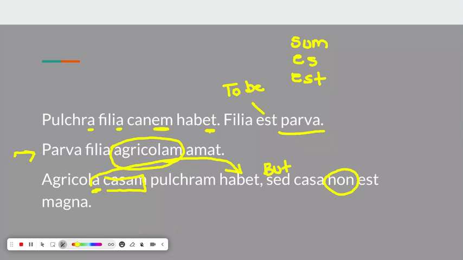The farmer has a beautiful house or a pretty house, but the house is not big. So again, to study, just remember to study the declensions and where the adjectives fit. Remember, the adjectives should follow the noun's gender. And remember the ere verbs and the are verbs, how they're conjugated.